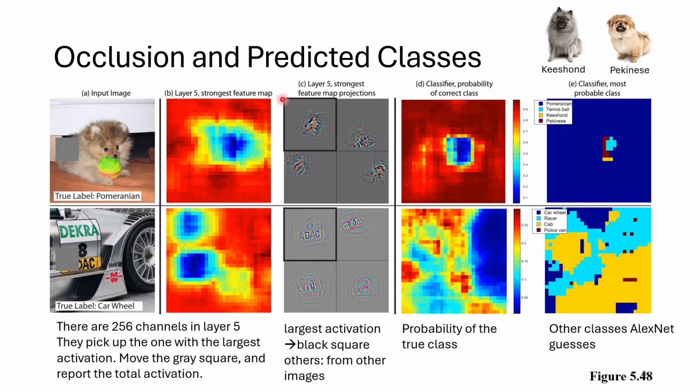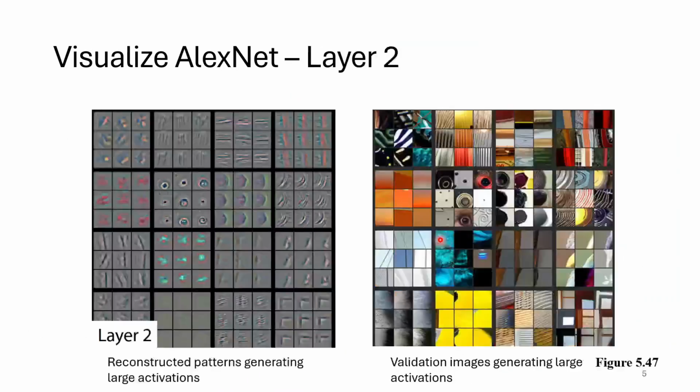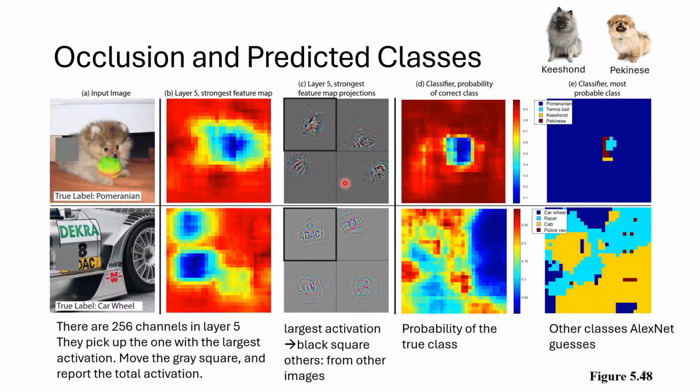So this is the reconstructed image using their method. They used the largest neuron activation value to reconstruct the image, and they get this. This is the shape of this region, the left eye and the fur here.